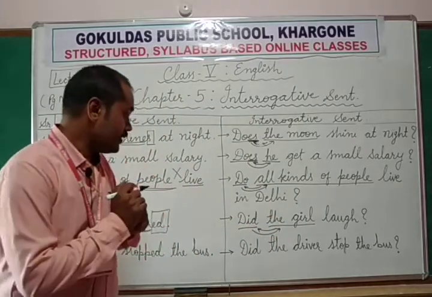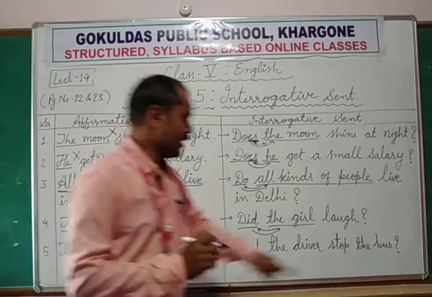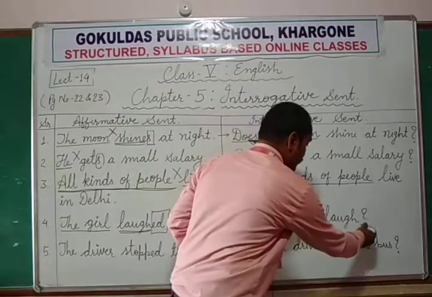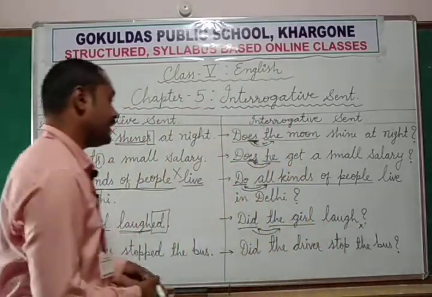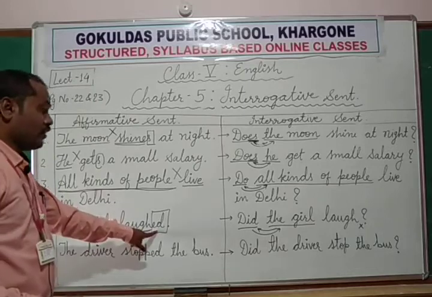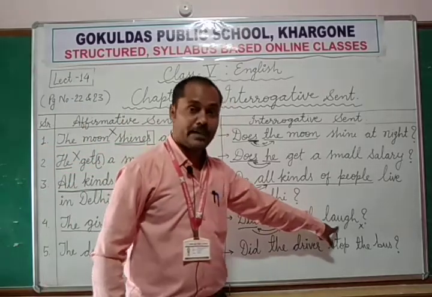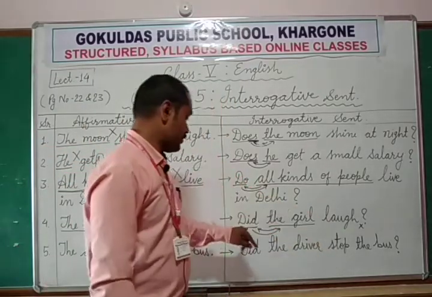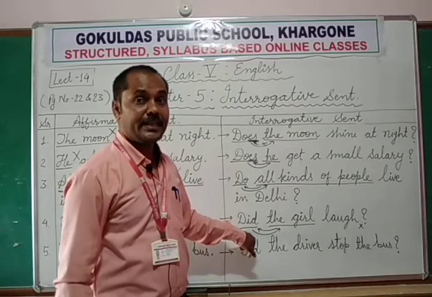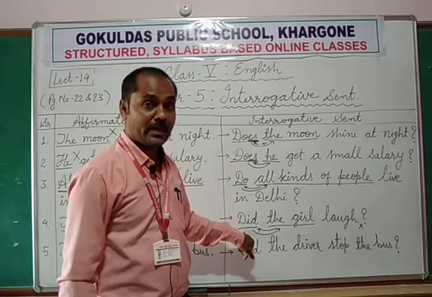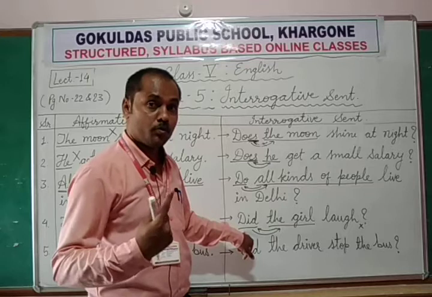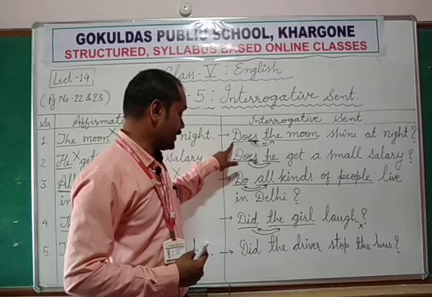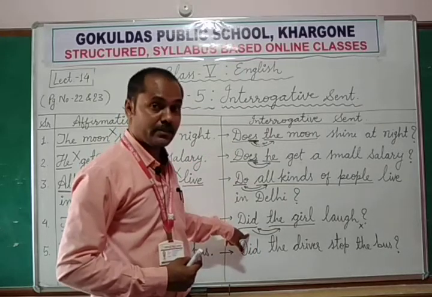Did the girl laugh? Now ed is removed again. Ed is removed. Now the base form of the main verb will be there, because did is already the past tense of do. Do is present tense, did is past tense.